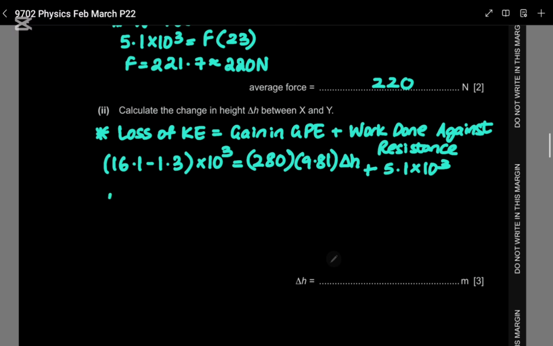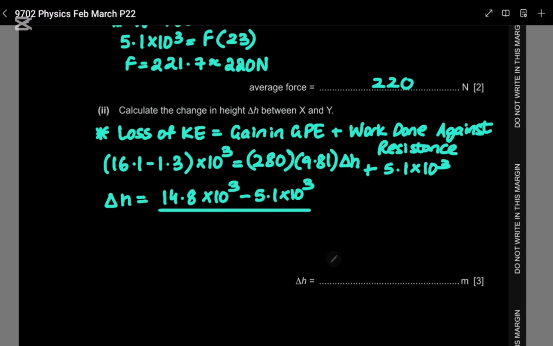From here, delta H is going to be equal to, what is 16.1 minus 1.3? It is 14.8. So it's 14.8 times 10 to the power of 3 minus 5.1 times 10 to the power of 3 over 280 into 9.81.